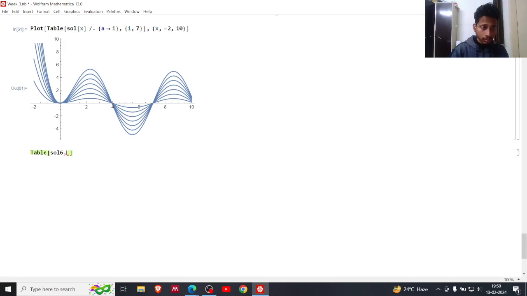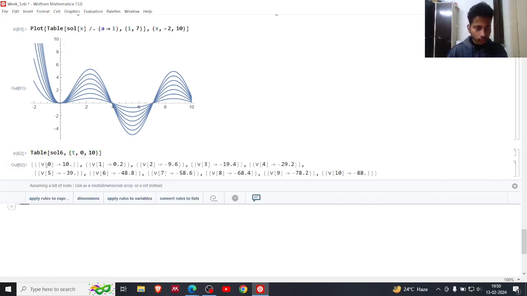Solve 6 at t from 0 to 10. So at 0 the velocity is 10, at 1 the velocity is 0.2, at 2 the velocity is minus 9.6, and considering that it is not hitting the ground, at 3 seconds the velocity is minus 19.4, and so on.